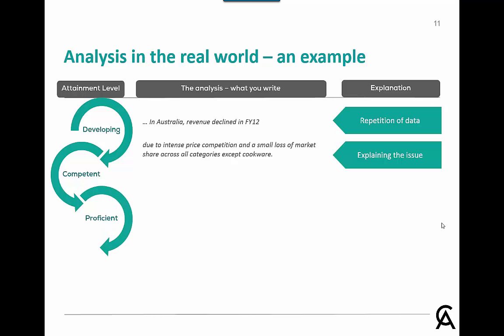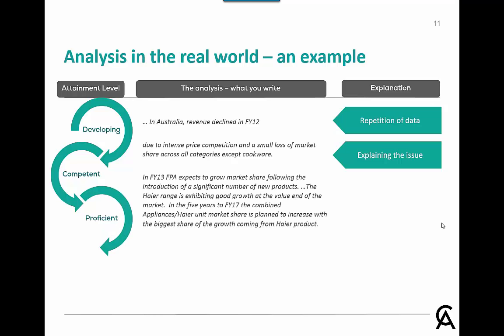Then it goes on to a long couple of sentences that says, in the financial year 2013, Fisher & Paykel Appliances expects to grow market share following the introduction of a significant number of new products. And goes on.